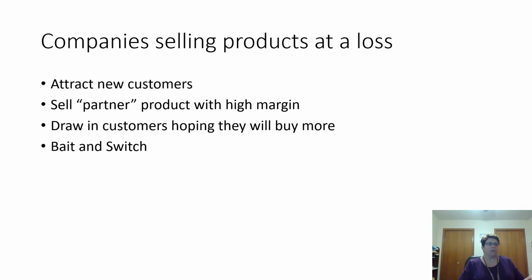Or they show you this and then they show you that it has a terrible resolution and it doesn't have any video outputs. Most people who buy a 60-inch TV want to hook it up to their sound system. So then they show you this better one that's $4.99. So that would be bait and switch.